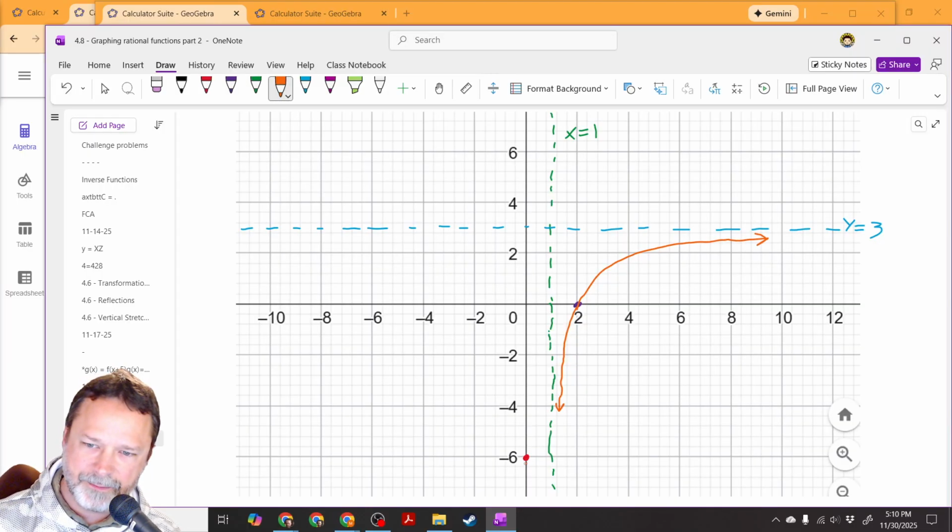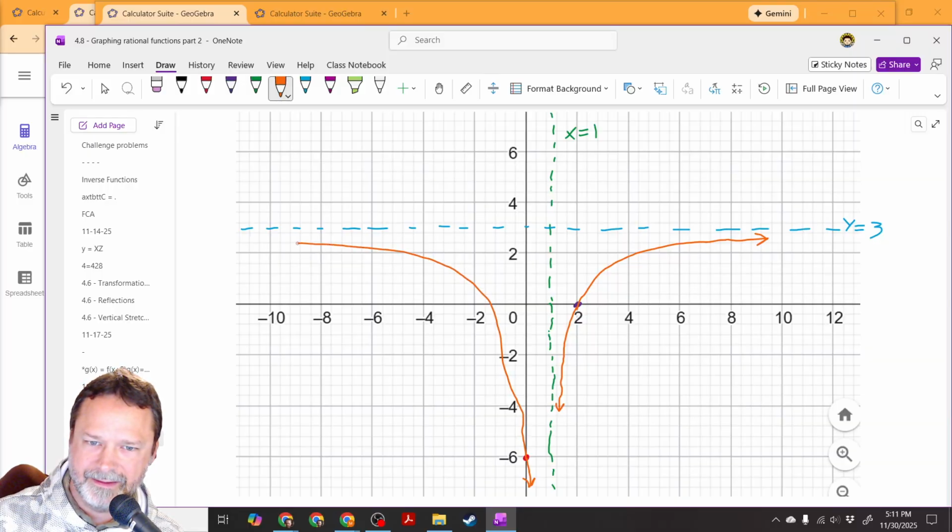And then we got this point here as well. So that's telling me also that we're kind of on this side of the asymptote. Looks like we're going this way, and we're going kind of down and around here.